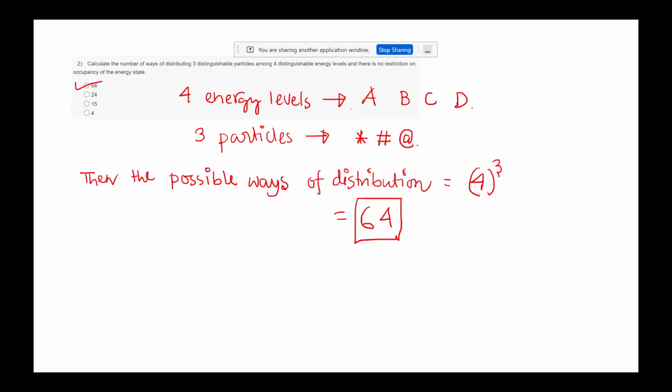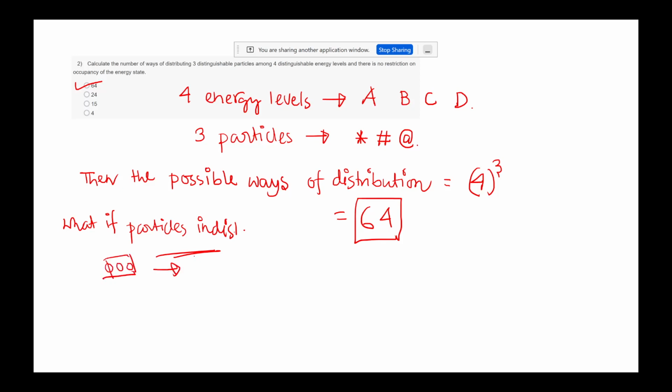What if the particles are indistinguishable? Okay, so one can happen that all the 3 particles will be in the same place.